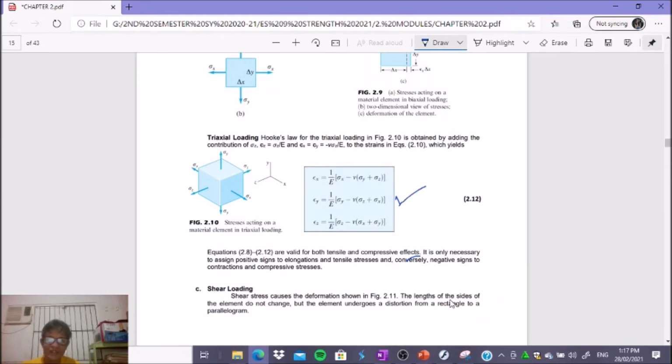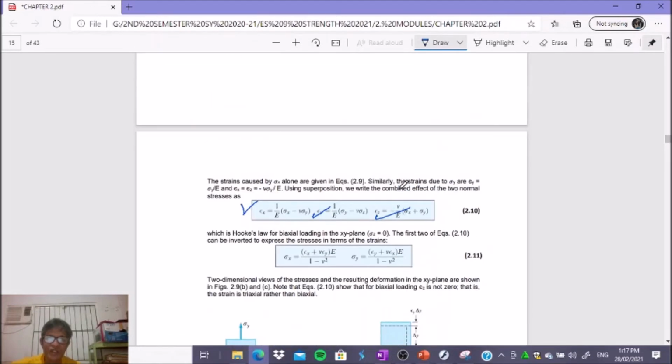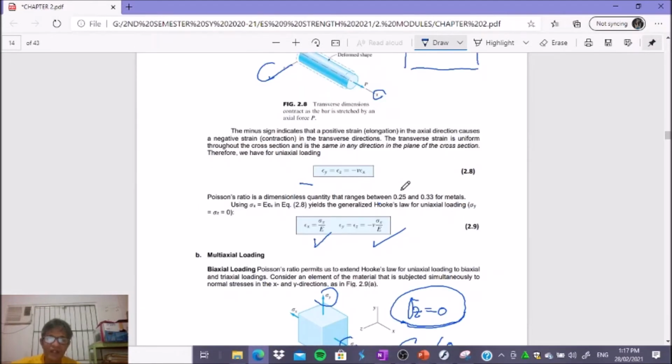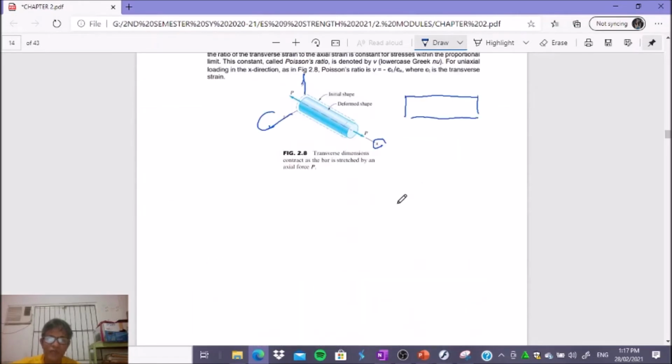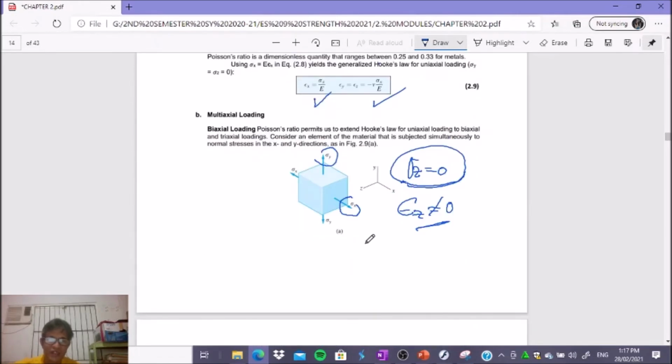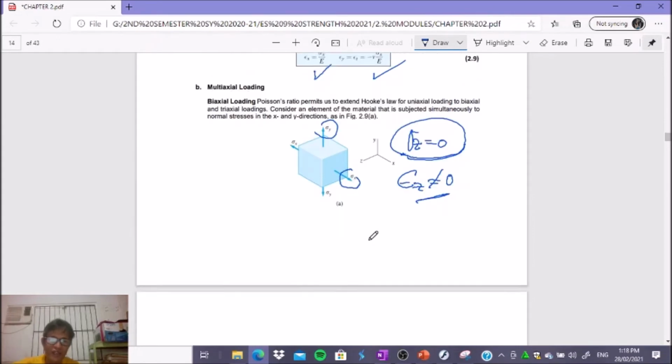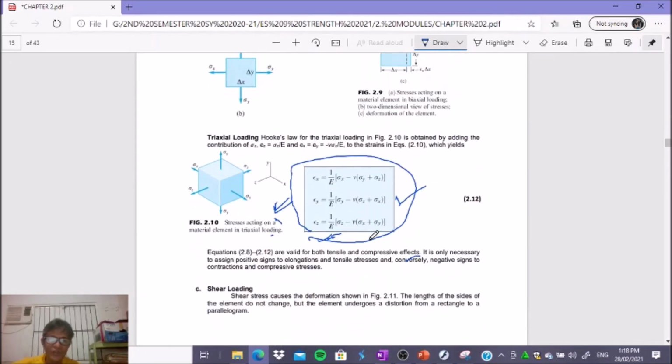Marami pa kayong i-memorize dyan, mas madali kung dito na lang kayo, tapos yung naka-matrix form. Okay. So ang tinutukoy natin dito, General Hooke's Law, considering normal stress and normal strain, kaya lang yung stress natin in the 3 directions, x, y, and z.